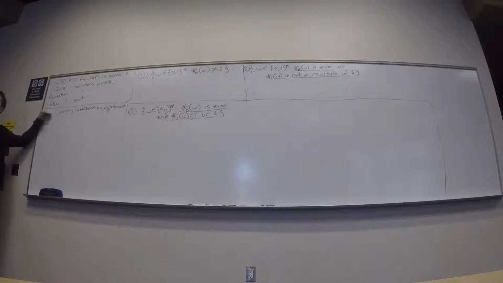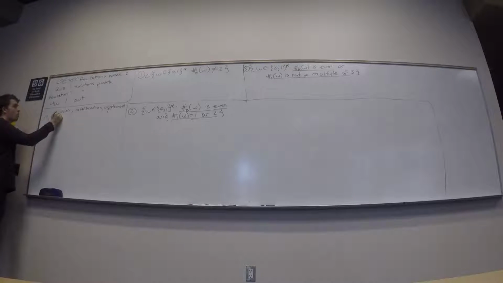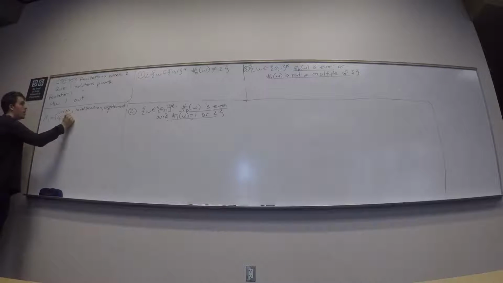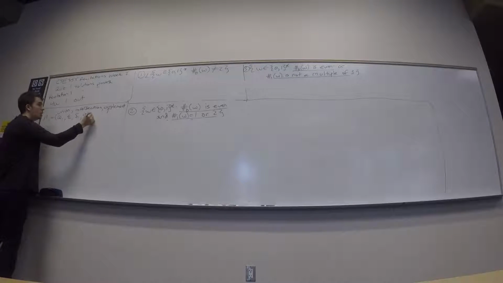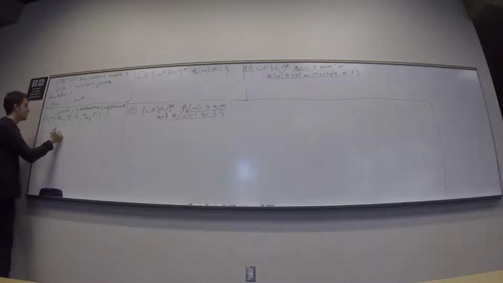But what about these 2? How did we show these? So what was the name of the construction that we used? Maybe it'll be more apparent if I give an example. So I have 2 DFAs, M1 with states Q1, some alphabet, transition function, start state, set of final states.